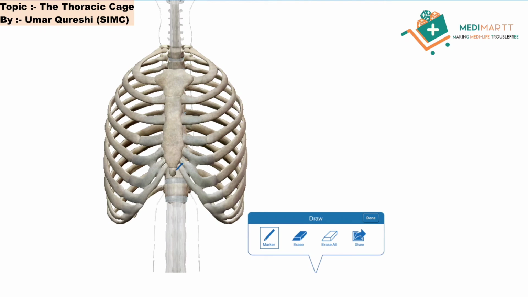Then it alters the diameters of the thorax in different phases of respiration, by the movements of the ribs and the diaphragm. Inspiration is an active process, whereas expiration is mostly passive. It is just talking about the respiration, that in respiration the thoracic cage is basically in different kinds of phases, by the movement of the ribs.